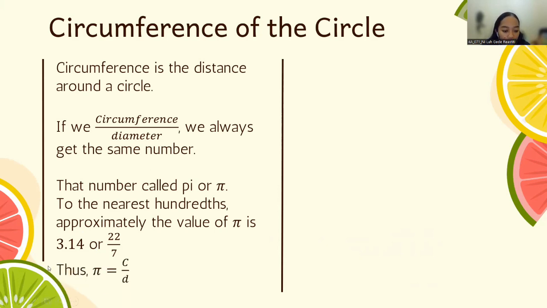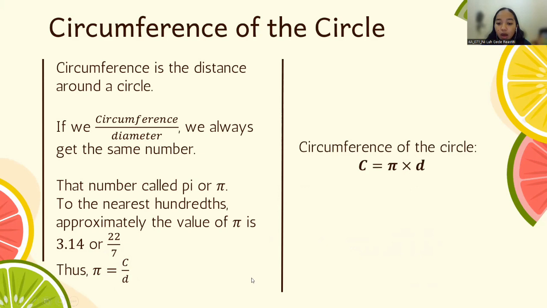Thus, pi equals C divided by d. C stands for the circumference and d stands for the diameter. Now, let's tweak it to find the circumference of a circle.